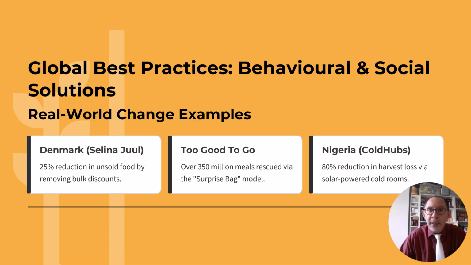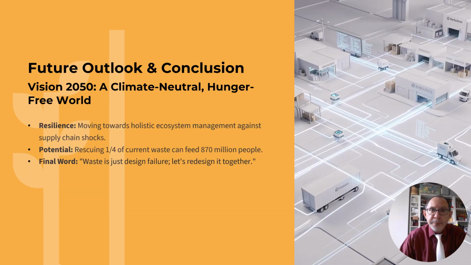These modular hubs extended the shelf life of crops from 2 days to 21 days. Beyond being a technological feat, ColdHubs serves as a functional design masterpiece that boosts the income of small-scale farmers and strengthens local food security by minimizing post-harvest loss.